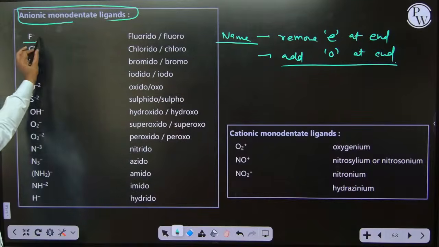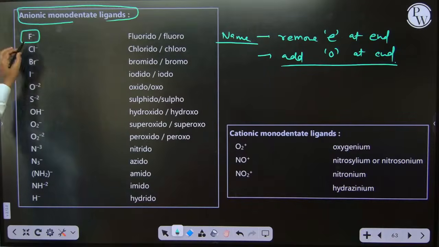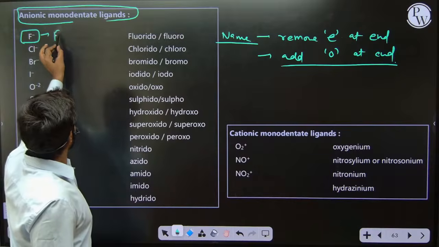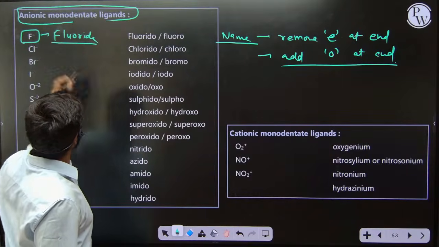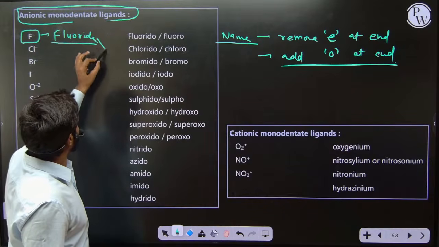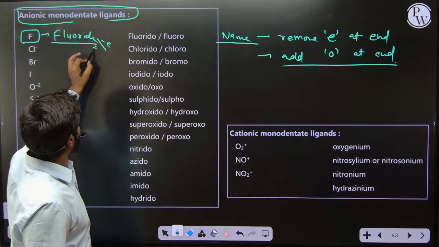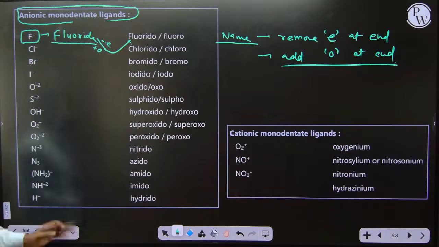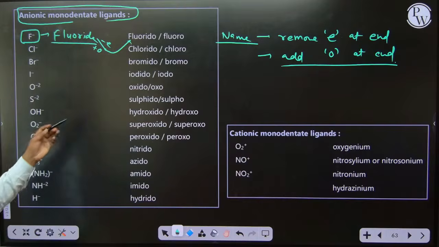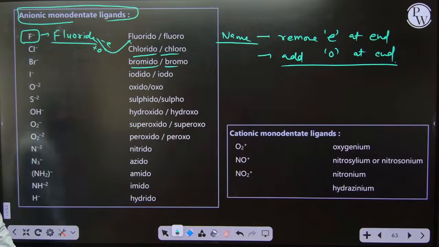For example, fluoride ion: if we remove the E letter and add O, it forms fluorido. Fluorido or fluoro, it is the same. Chloride similarly gives chlorido or chloro, bromido or bromo, iodido or iodo.